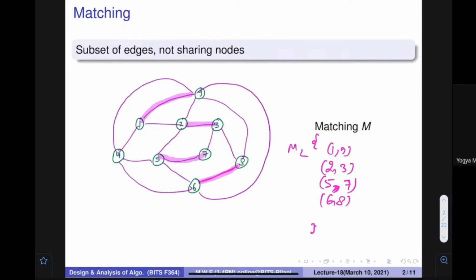Okay. So you have suggested M2, and the size of M2 was actually 4. So let me start once again. Can you give me anything that has 5? Is it possible to give me anything having 5?